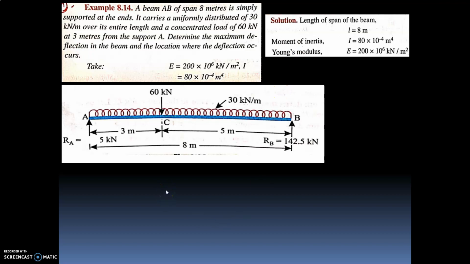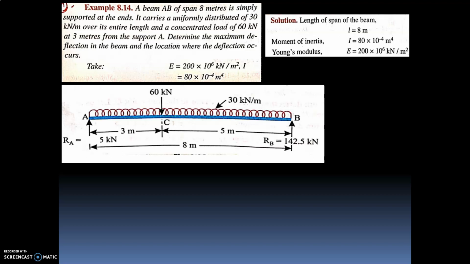First, we have to calculate the reactions. Once the reactions are calculated, you have to write the bending moment equation and then integrate that. The first integration gives the slope equation, and integrating one more time gives the deflection equation.